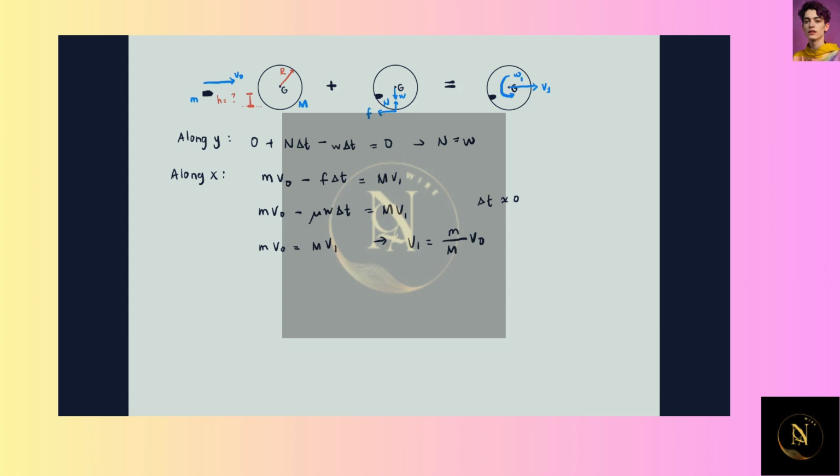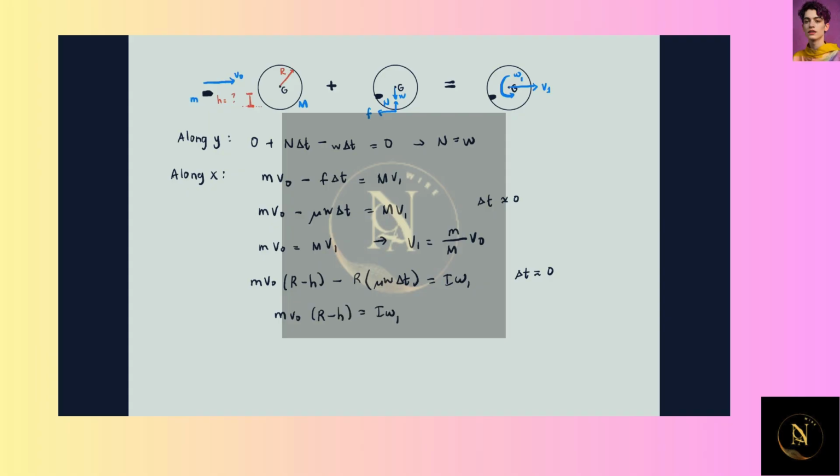Our equation would be m v sub o times r minus h, minus r times the coefficient times the weight times the time interval, equals I omega sub 1. Again, delta t is approximately equal to 0, so this reduces to m v sub o times r minus h equals I omega sub 1.